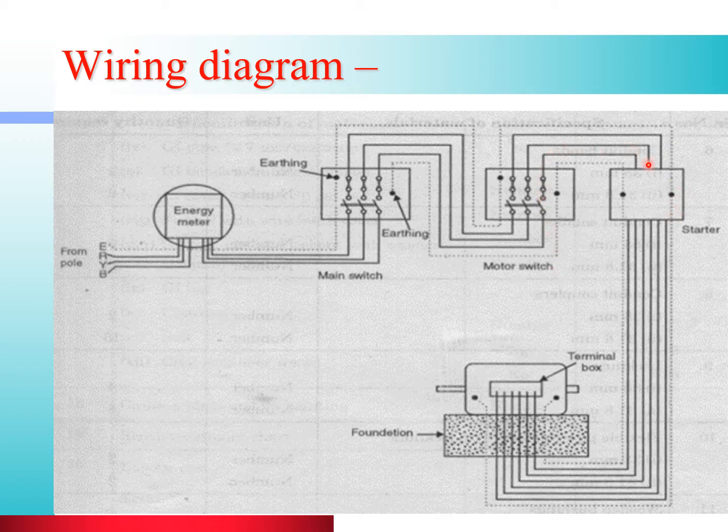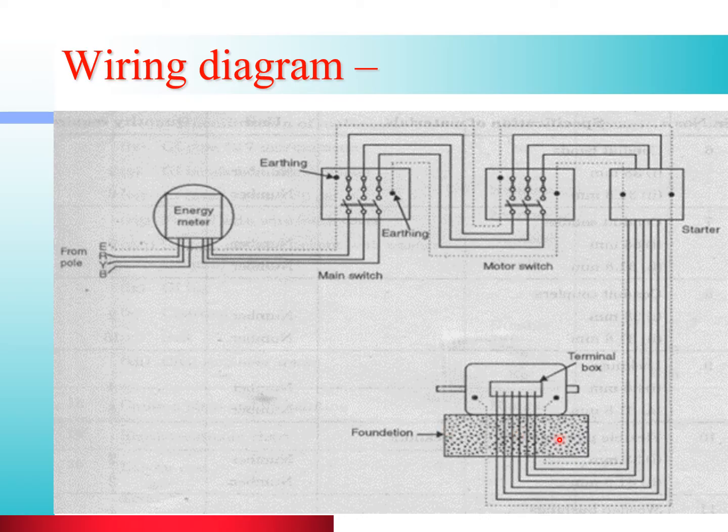From this motor switch we will give supply to the starter. This is star-delta starter. Here in input supply there are 3 phases R, Y, B, means 3 wires coming to the starter, and from output of the starter there are the 6 wires, 1, 2, 3, 4, 5, 6, and these 6 wires are going to the terminal box of the induction motor.